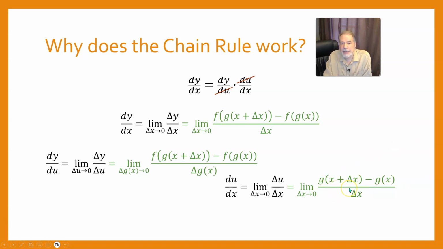So as x plus delta x approaches x, g of x plus delta x is approaching g of x, and so g of x plus delta x minus g of x is approaching 0, and so it really does work out. I'm not going to show you a rigorous proof. You can find it in various places if you really care, but it does work out. It's not quite as simple as canceling out a common factor. You have to mess around with the limits, but it does work out the same way.